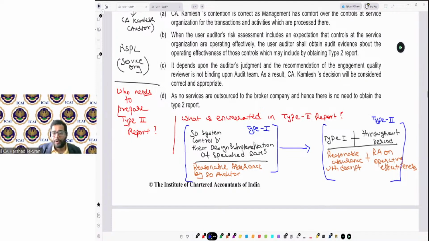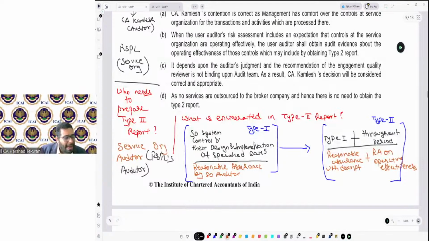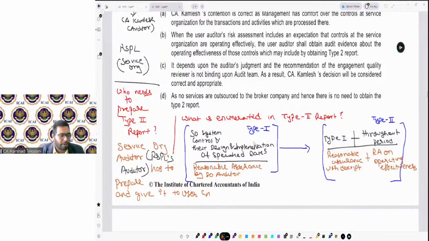Now once the reasonable assurance is provided by the auditor, the service organization's auditor, in our case it will be RSPL's auditor, has to prepare this report and give it to user entities or user auditor.